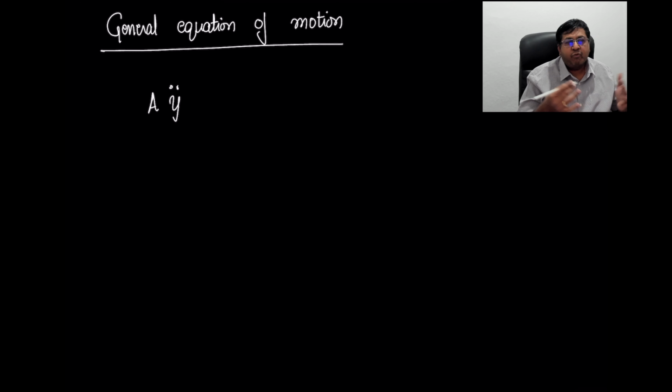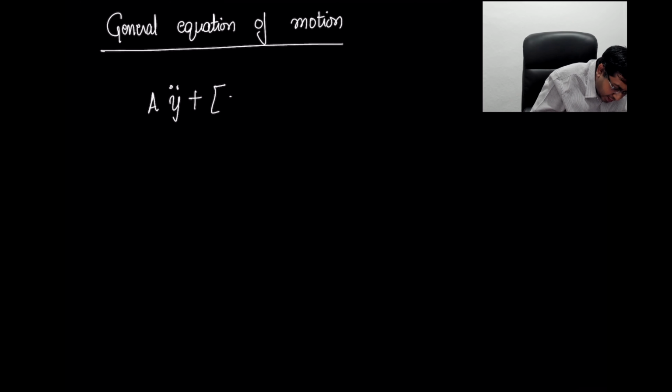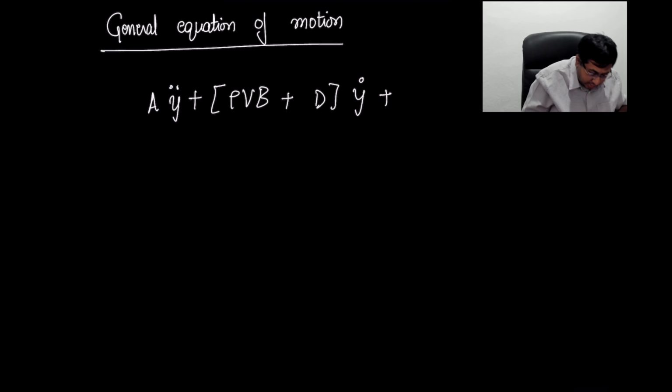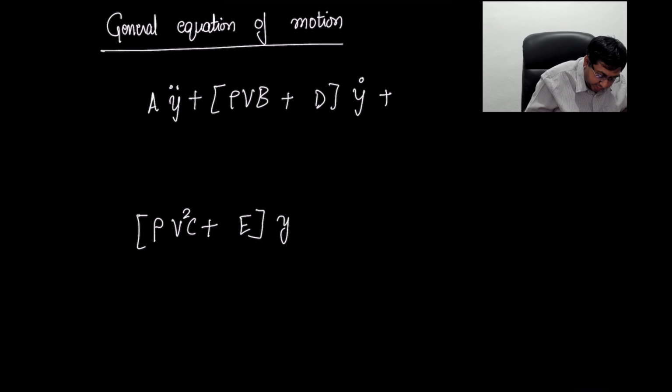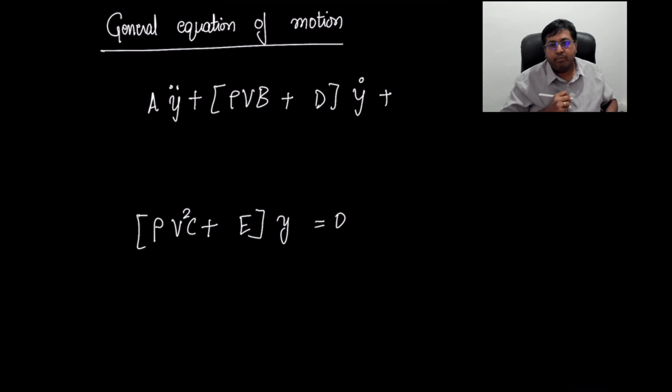So let's write our general equation of motion as A into y double dot, where y is some form of our generalized coordinates, or our degrees of freedom, plus rho V B plus D into y dot plus rho V square C plus E into y equal to 0.